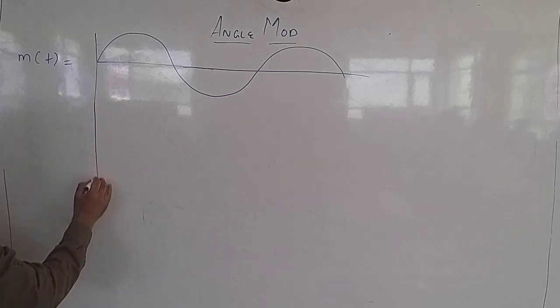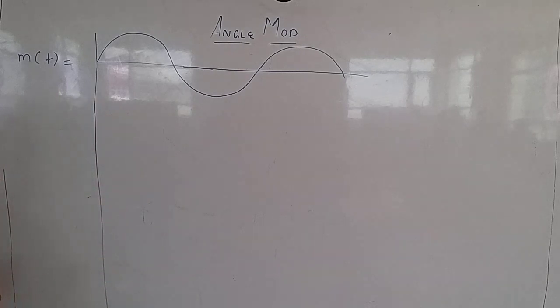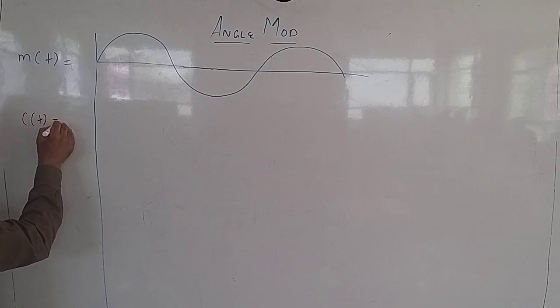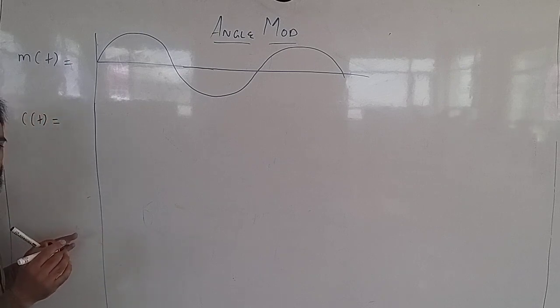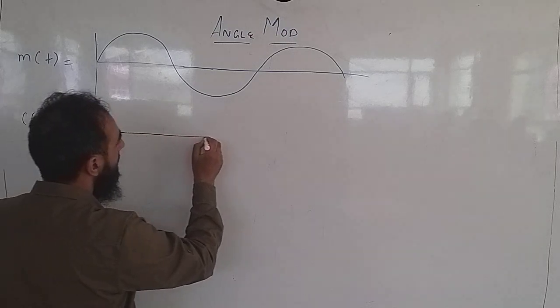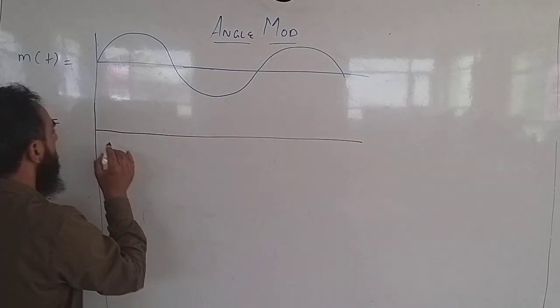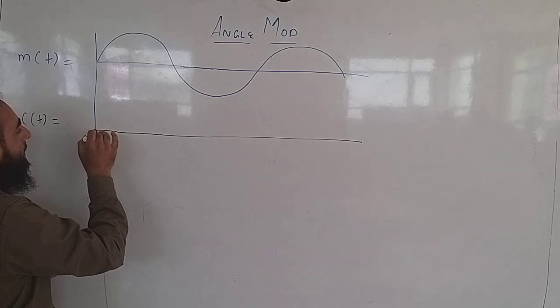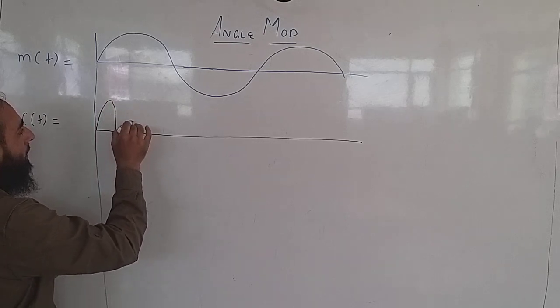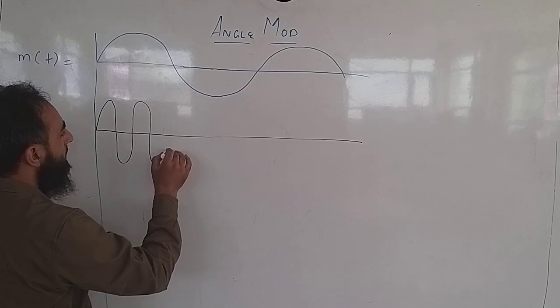Eyes on board please. एक सिमेट्रिकल साइन वेव हमने बनाई है, and this is not the time for discussion please, no discussions, and your carrier signal is given as something like this.